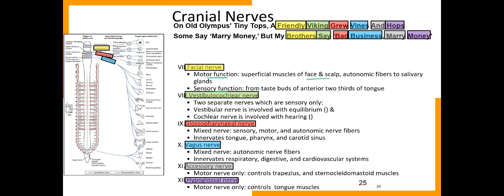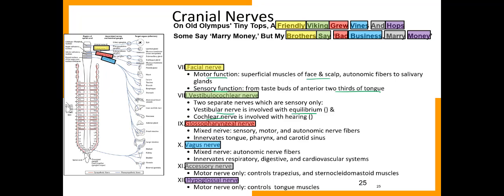Also receives information from the tongue, so taste buds. Cranial nerve number 8 is the vestibulocochlear nerve. So it's got 2 different nerves, both of which are sensory nerves. So vestibular nerve is involved with equilibrium, cochlear nerve is involved with hearing.